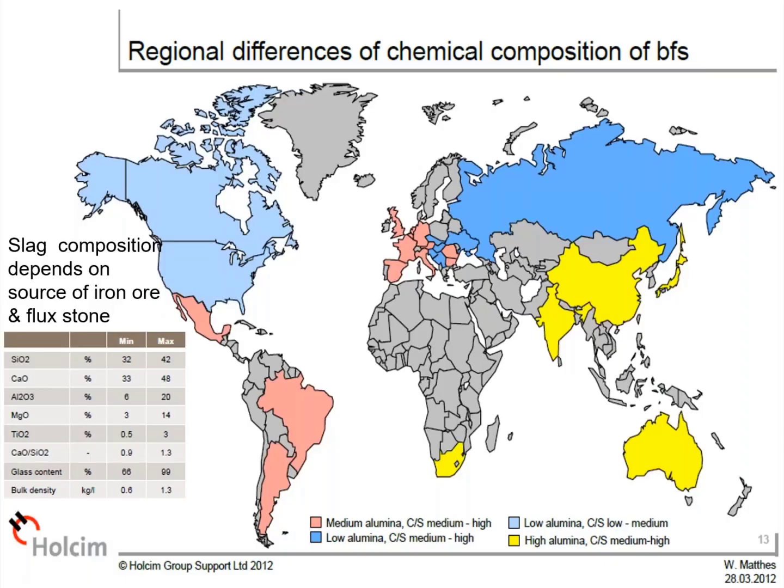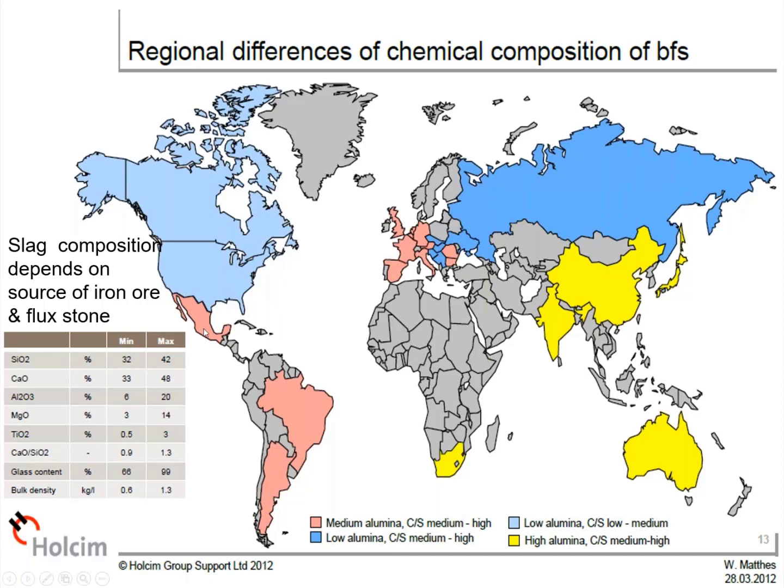Now, I mentioned that slag composition is quite consistent in North America or in any given area of production because they're typically using similar ores and fluxing materials. The different colors here show countries that produce blast furnace slag. North American slags typically have low alumina contents, which is the light blue, with a medium calcium to silica ratio.